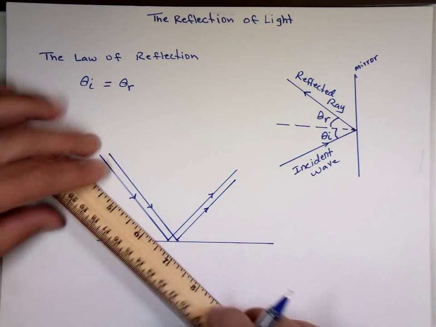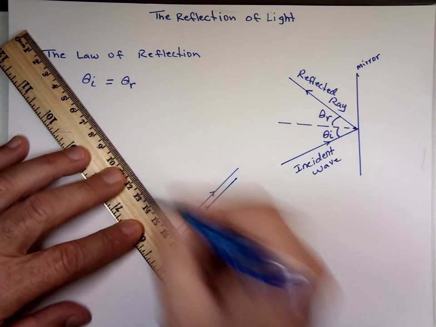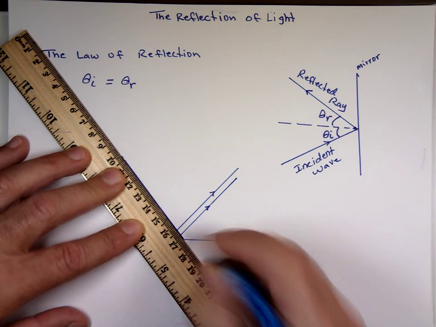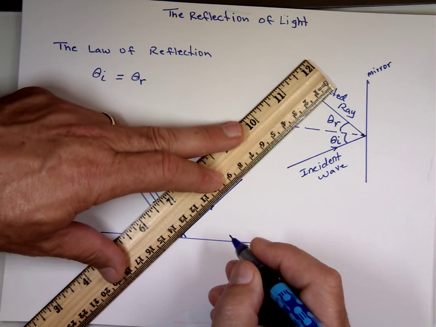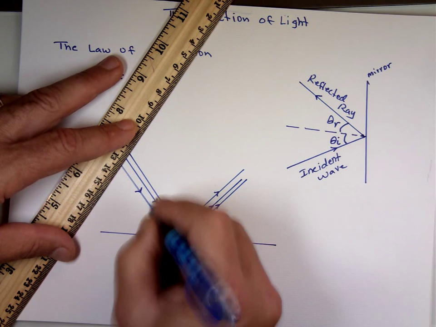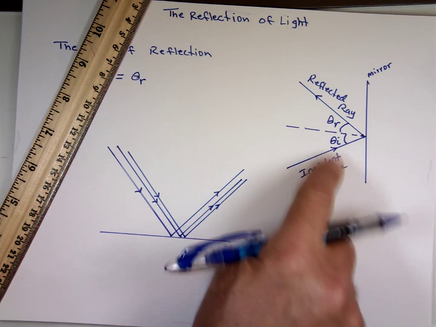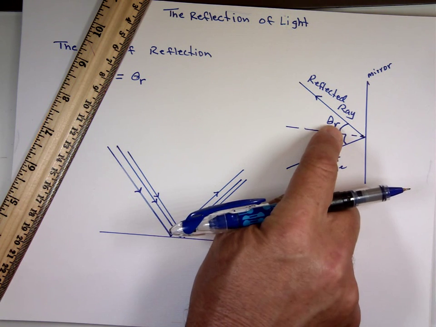This ray, if you have another one, will have a reflection that way. So the angle coming in, the incident angle, should equal the reflected angle, always.